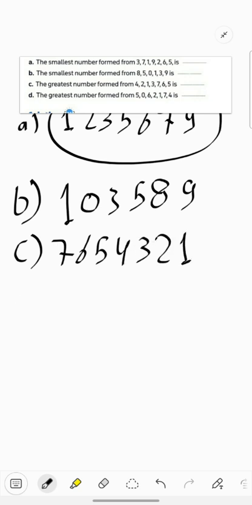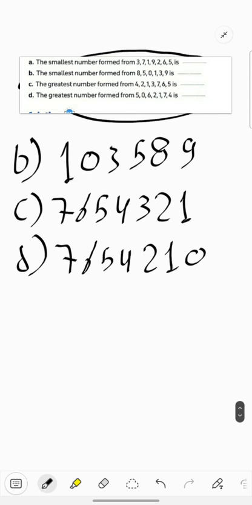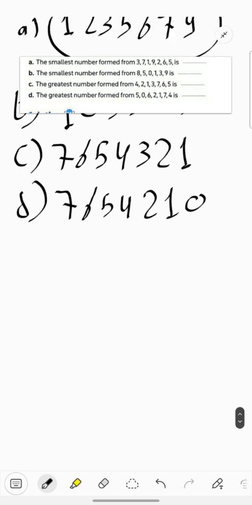Okay? Letter D. The greatest number, again, we need to arrange the digits from the greatest digit, which is 7, 6, 5, 4, 2, 1, 0. And it's okay to put the 0 at the end, because 0 in the ones place has a value, but at the front it doesn't have any value. Okay?